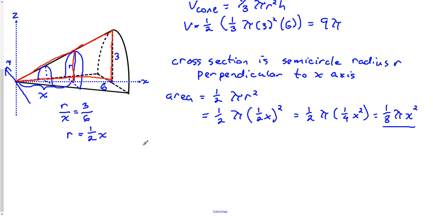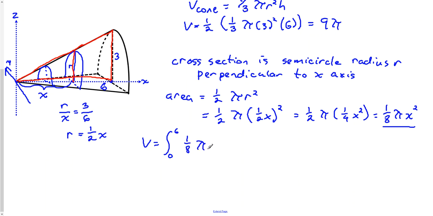For our volume, we're going to start at one edge of our cone, at the very tip, at x equals 0, and go to the other edge, that semicircular base, where x is equal to 6, and we're going to use integration to add up the areas of all of our cross sections.